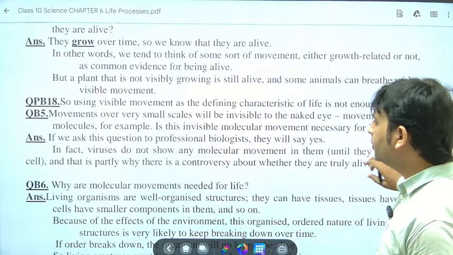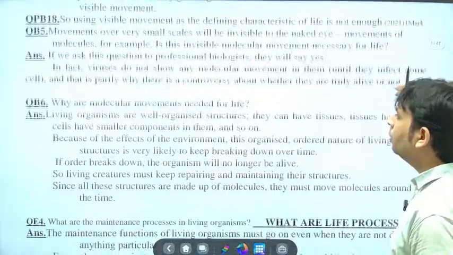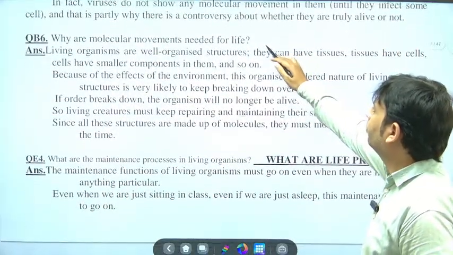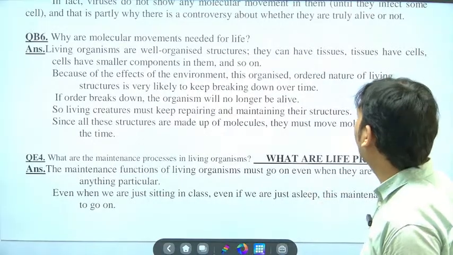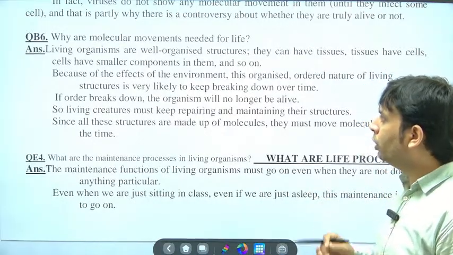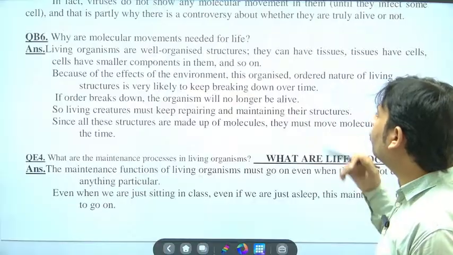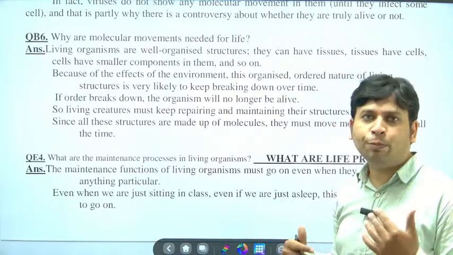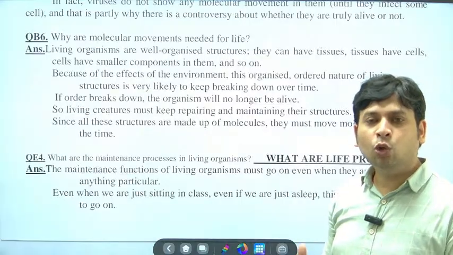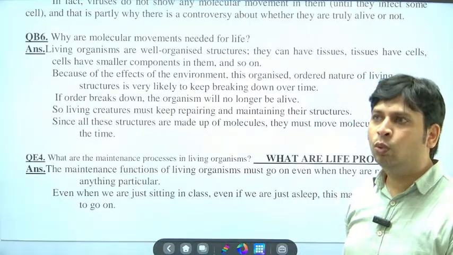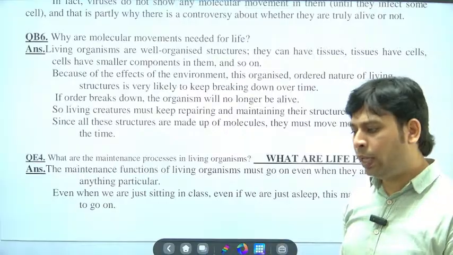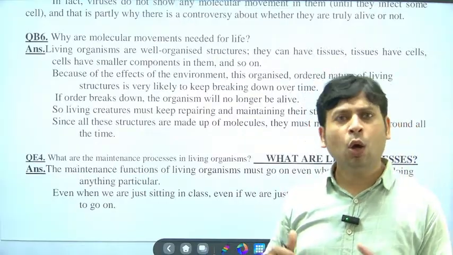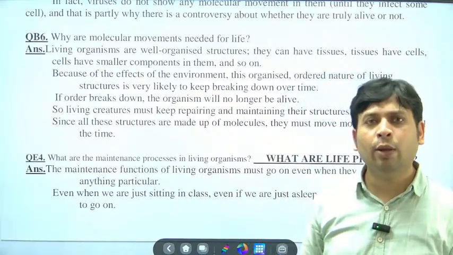The next question of this chapter is: why are molecular movements needed for life? The answer is that living organisms are well organized structures. Our body is made up of cells. A group of cells becomes tissue, tissues become an organ, and organ systems develop, then our whole body system develops.